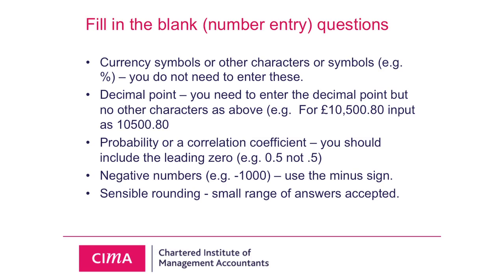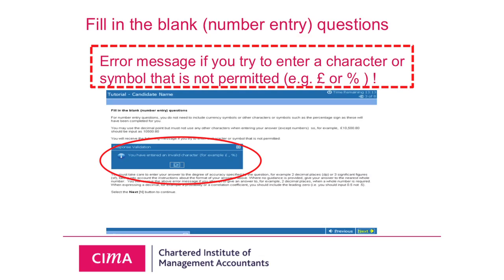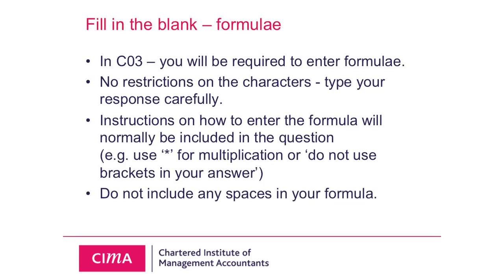A small range of answers will normally be accepted, taking into account sensible rounding. If you try to enter a character or symbol that is not permitted, you will receive an error message. For example, if you input a pound sign or percentage sign, the error message shown on this slide will appear.